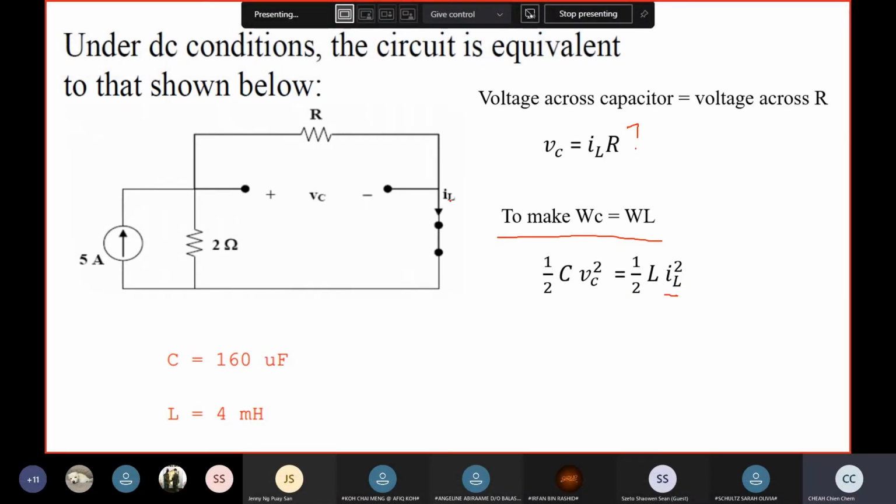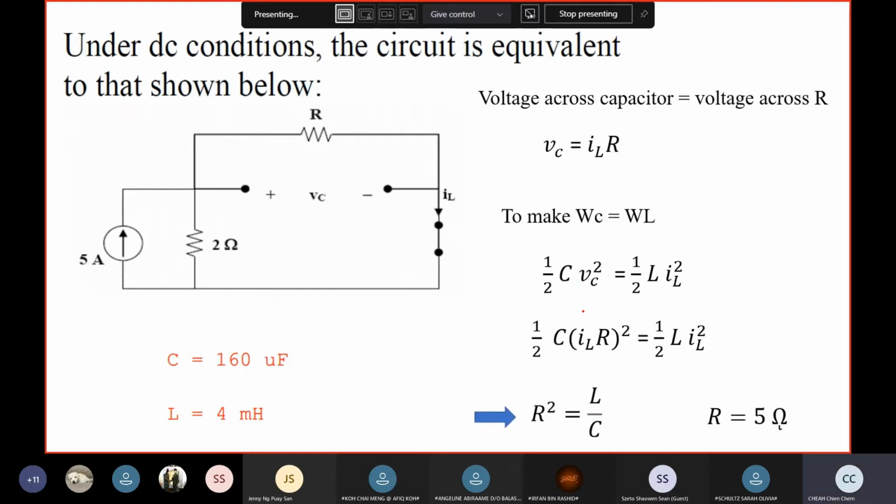VC is the voltage across the capacitor when it's fully charged up in this circuit at DC steady state conditions. And we know that VC is equal to IL R, correct?